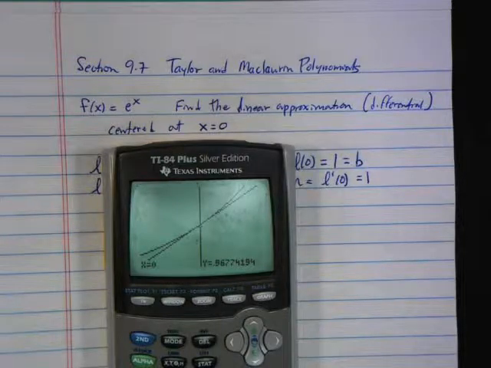Well, it doesn't make a lot of sense, really, to approximate a curve by a line, does it? So what would be better? What would be better than a line? Maybe a parabola would give us a better approximation. All right, so we're going to repeat.